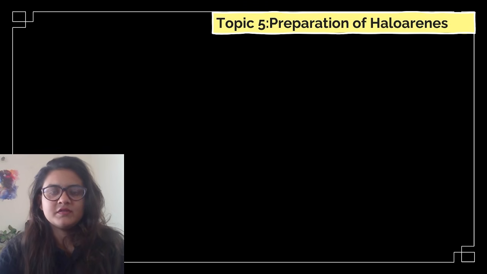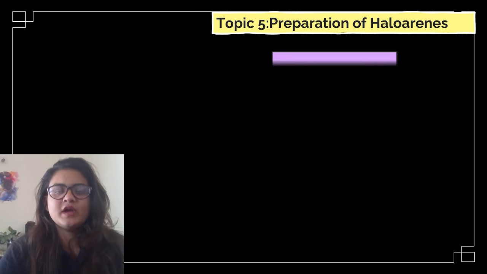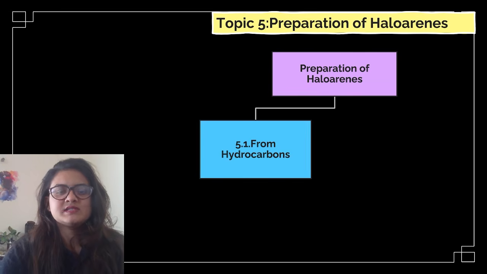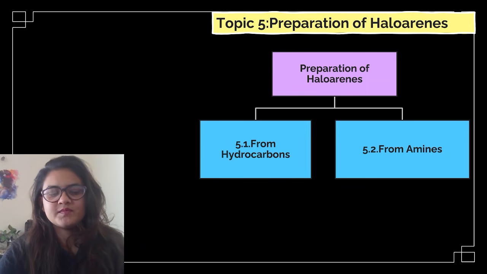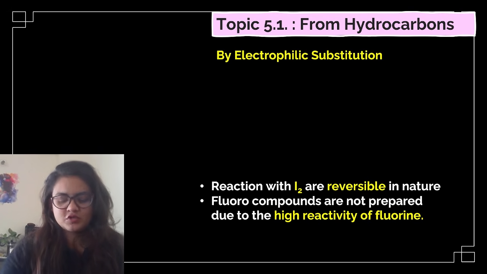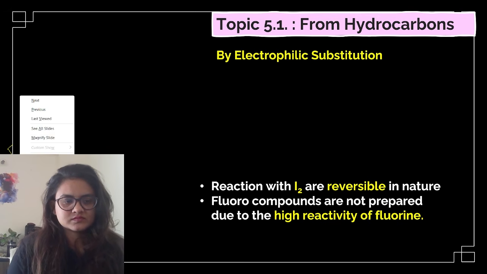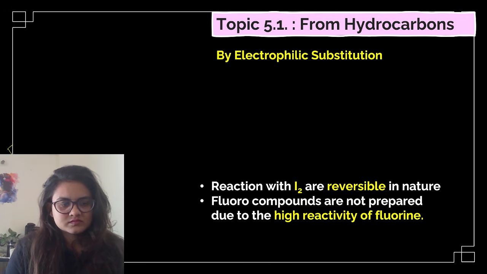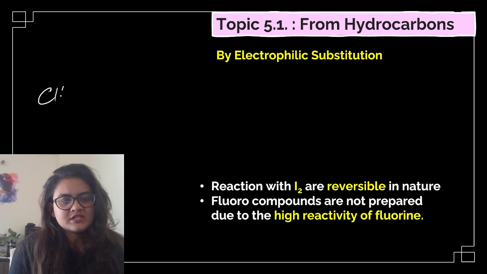Here we will discuss the preparation of haloarenes. Preparation of haloarenes can be done from hydrocarbons and from amines as well. So from hydrocarbons by electrophilic substitution. Let me show you an electrophilic substitution method. Here you can see, let's say I have taken CH3 along with a benzene ring.